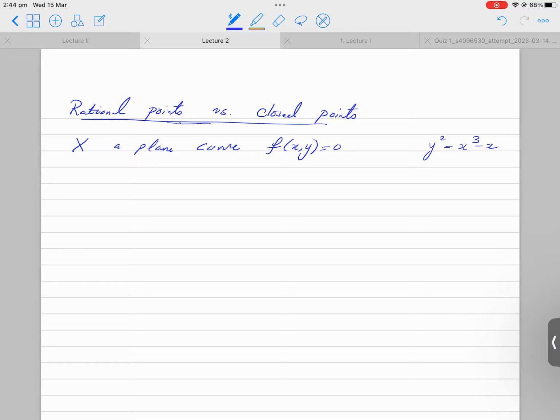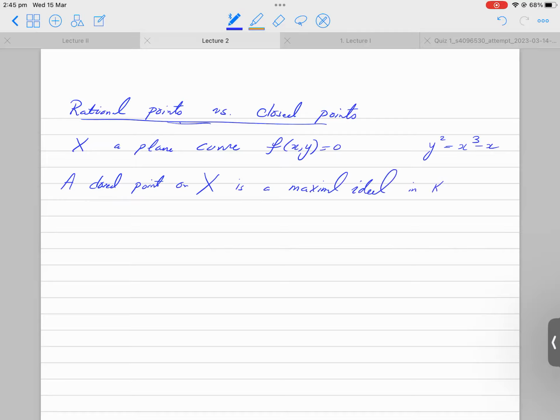Last time we said that a point, and today I want to emphasize, call this actually a closed point. The closed point on X is, by definition, a maximal ideal in the ring of functions on X.